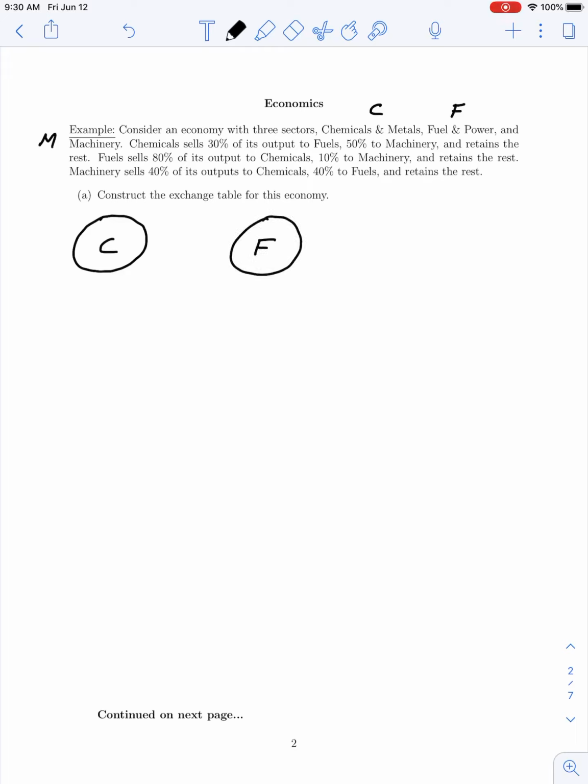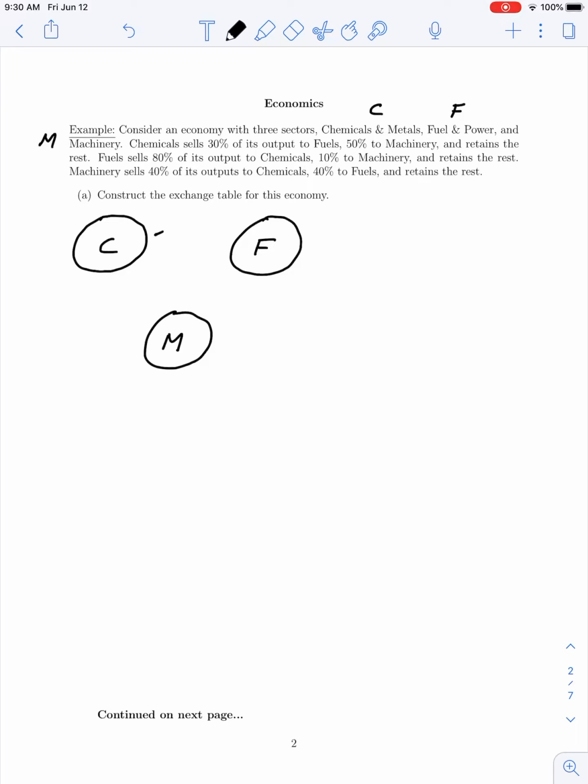So to visualize this economy, we could think about visualizing our three sectors, chemicals and metals, fuel and power, and machinery, as, say, three nodes, or these three distinct sets or sectors. And let's think about the flow of purchases and sales between these different sectors in the economy. So we are told, first off, that chemicals sells 30% of its output to fuels.